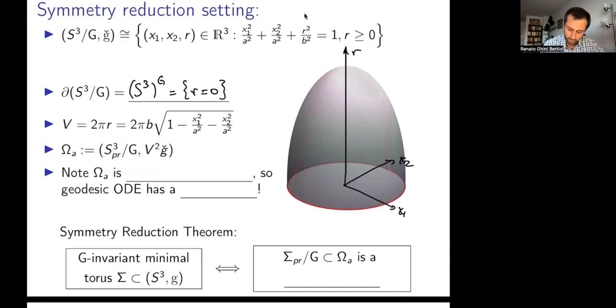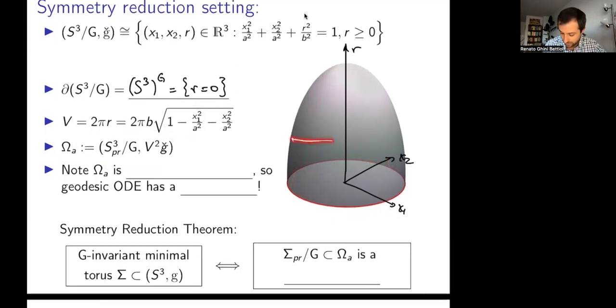In this case, we're looking for tori, so we don't want things that go to the boundary. We want things that stay inside, for example geodesics like this. So we want closed geodesics.